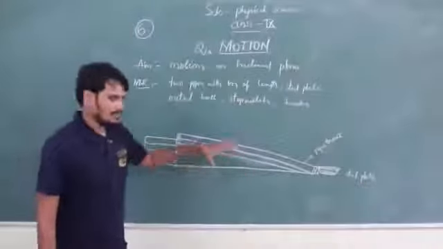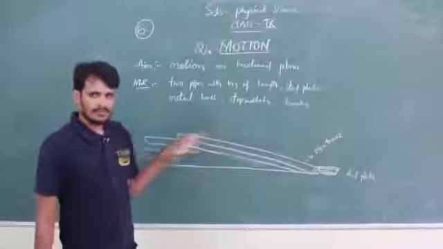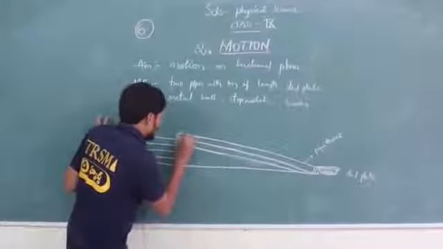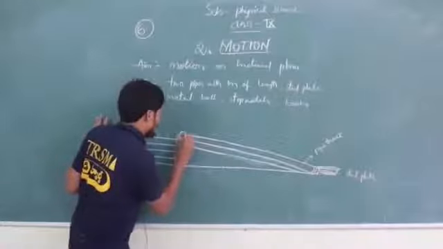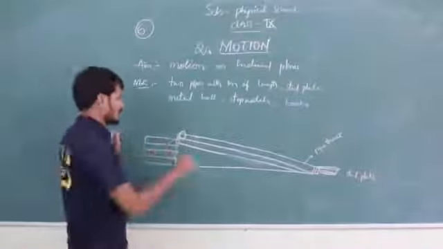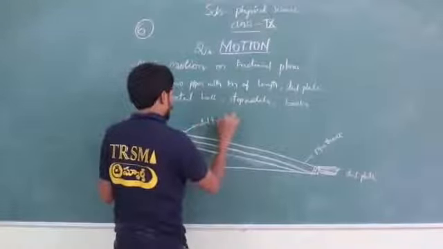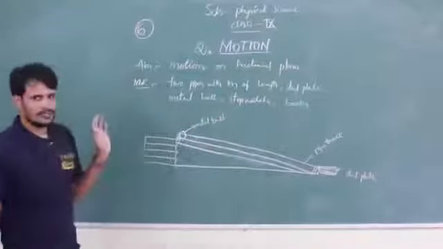We set up the inclined plane using this. Now place one metallic ball on the track of pipes. Clear.